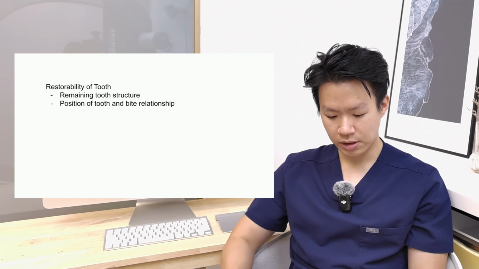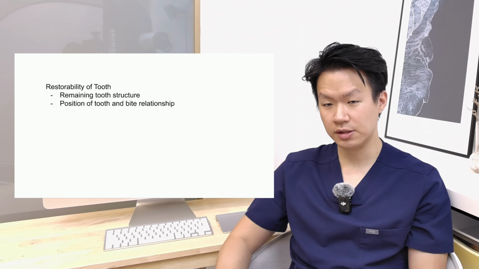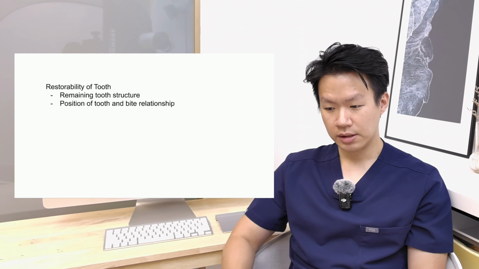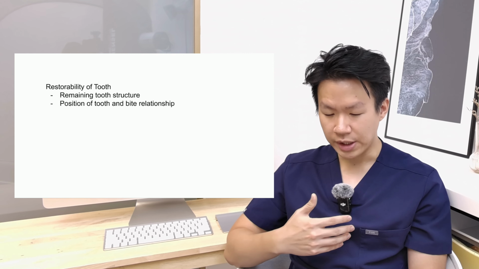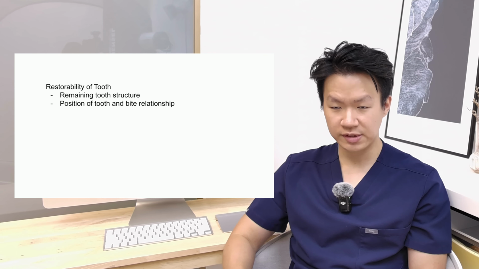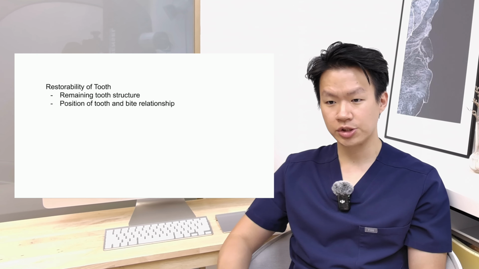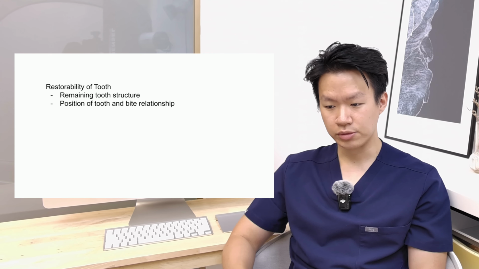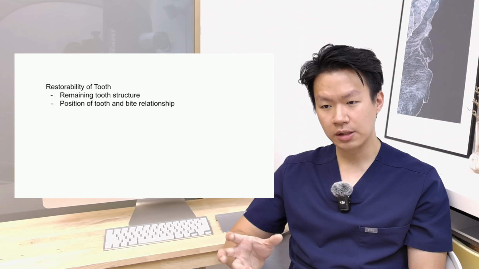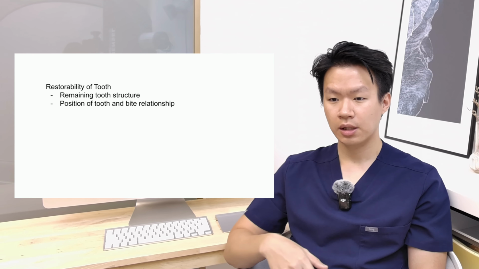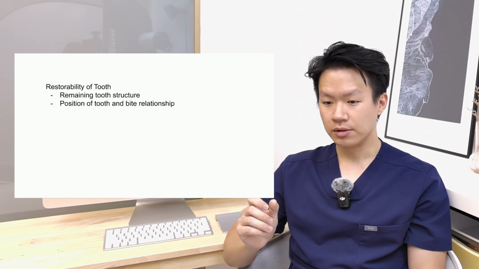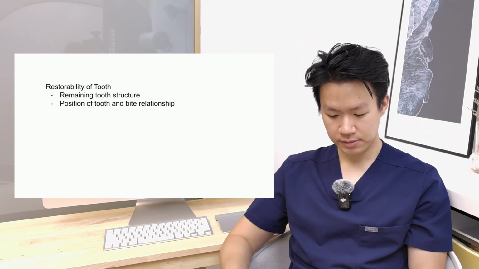This is what we call the restorability of the tooth. Essentially, how we assess it is, firstly, we have to see how much healthy tooth structure is remaining, because to do a well-fitting, long-lasting crown, you have to have enough remaining sound tooth structure.